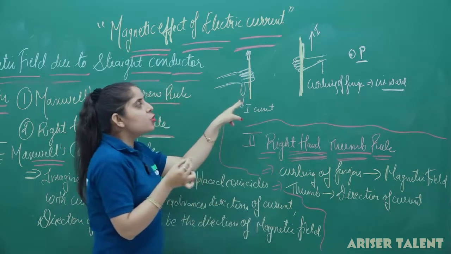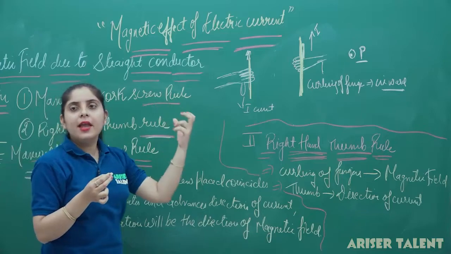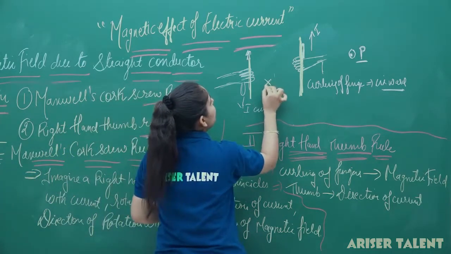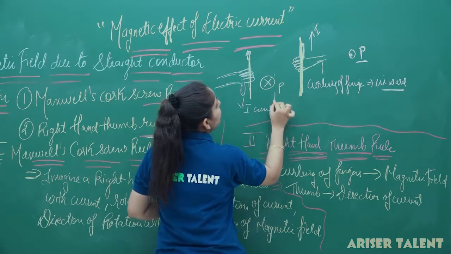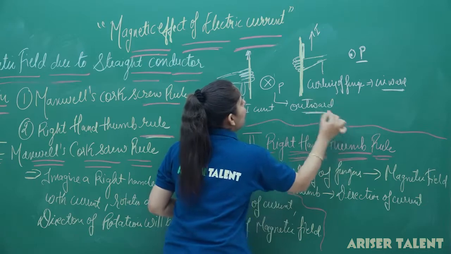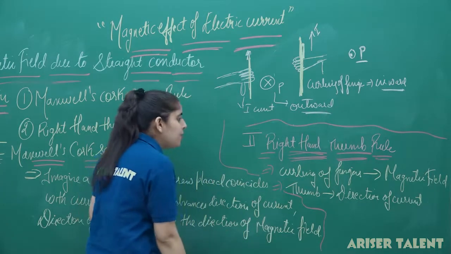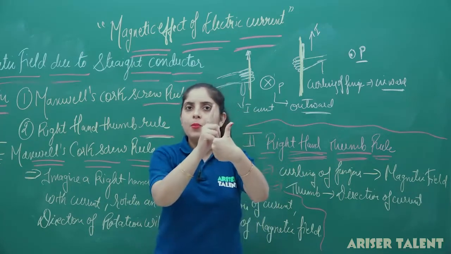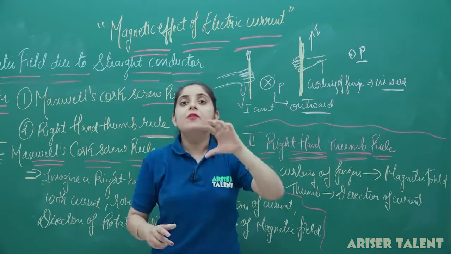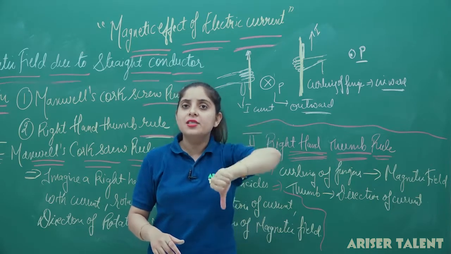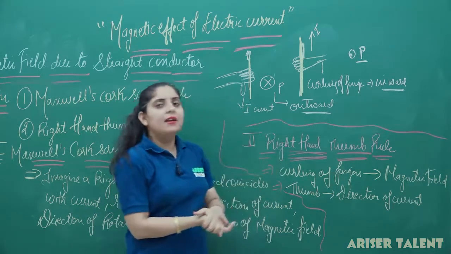And it is showing the curling of the fingers in the outward direction, so we can represent it by the cross. So this is how the right hand thumb rule actually works. If you move the fingers inside, the thumb will point in the upward direction. If you curl your fingers outside, the thumb will give you the direction of the current, which is downwards. So this is how the right hand thumb rule works.